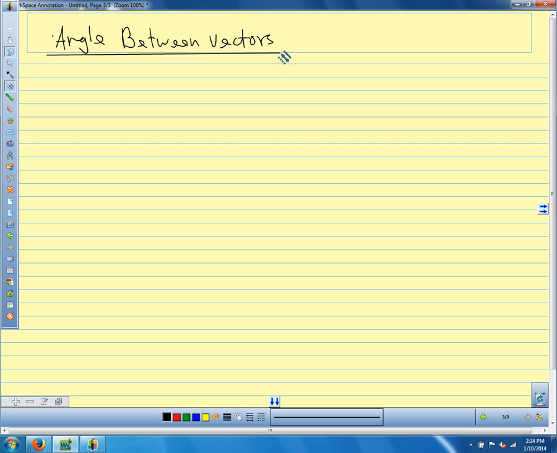One way that we can think about the dot product, let me draw two vectors here. So here are my vectors u and v. And we have the angle between them, theta.